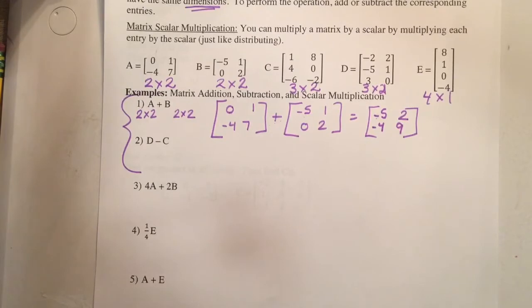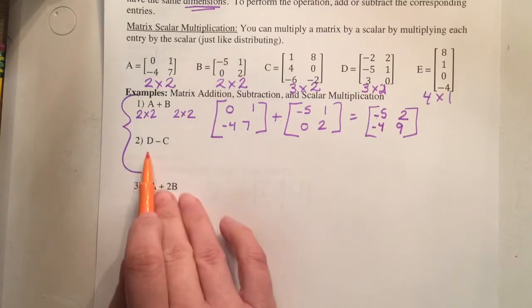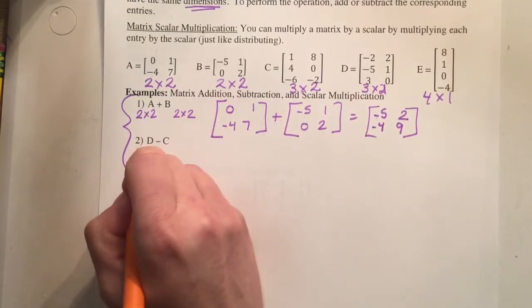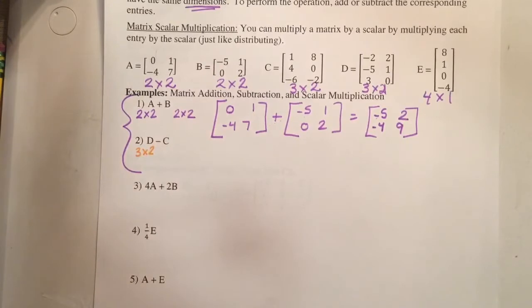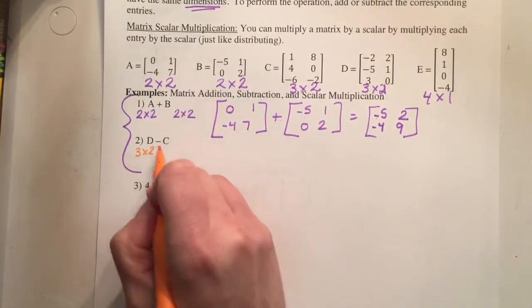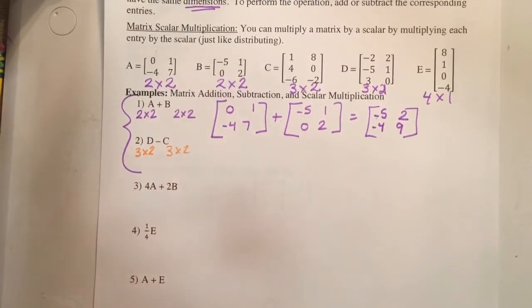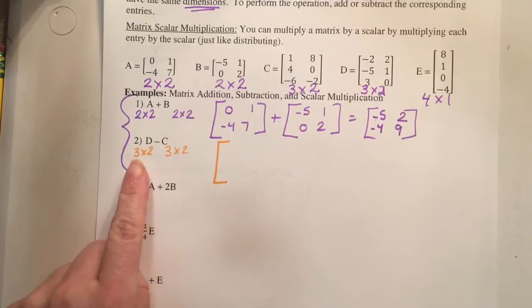Now the next one, they want us to go ahead and subtract. Same thing with subtraction. You have to have the same dimensions. So D has the dimensions 3 by 2. C has the dimensions 3 by 2. So notice we do have those same dimensions, which you have to. So now we can go ahead and subtract.